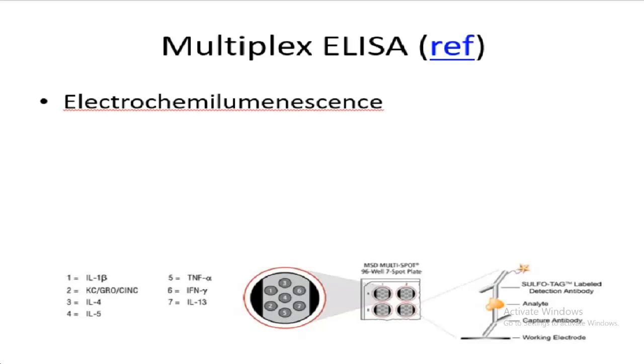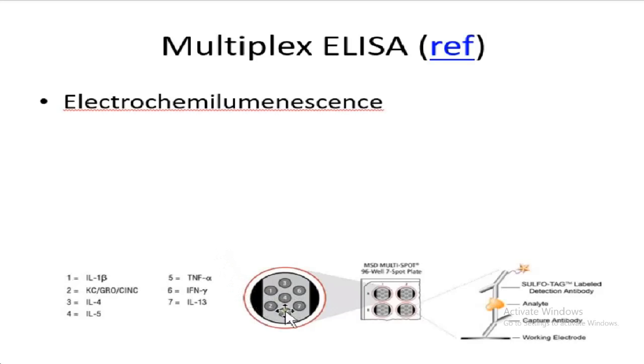Essentially within each well of the plate of this platform, you'll have a number of different regions that will detect different analytes, as you can see here. So within each well there are in this case 9 or 8 different small subsections of that well that are dedicated to looking at individual analytes.